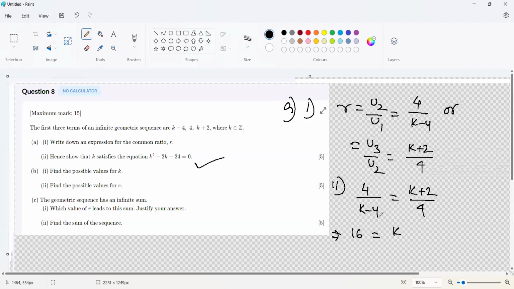4 times 4, k plus 2, k minus 4. Cross multiply. K times k square minus 4k plus 2k minus 4 times 2 is minus 8.